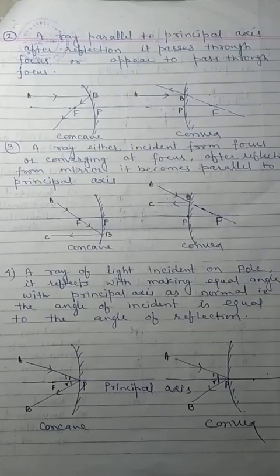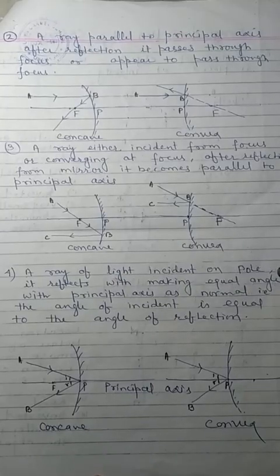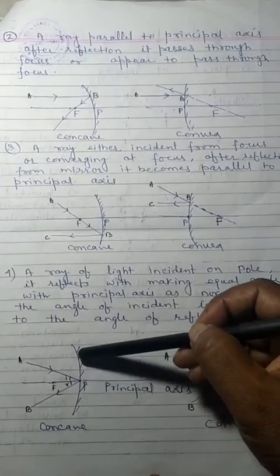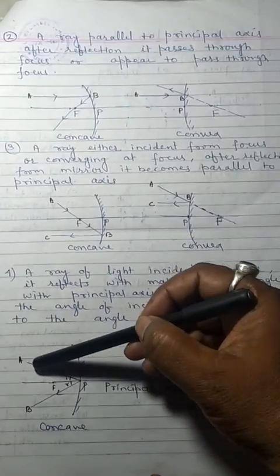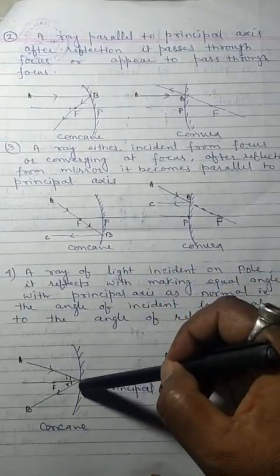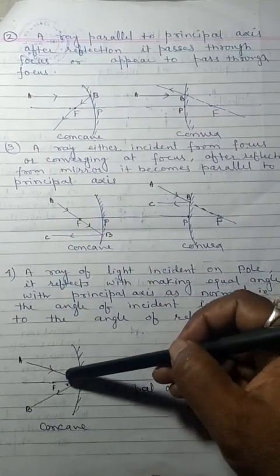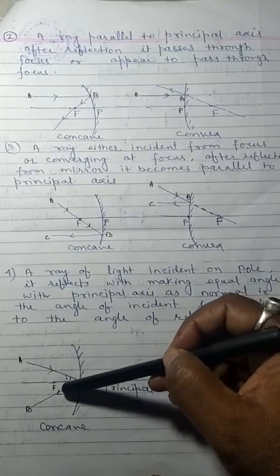Fourth, a ray of light incident on pole. It reflects making equal angle with the principal axis as the normal, that is, the angle of incidence is equal to the angle of reflection. So in concave mirror, this is incident at pole. After reflection, it makes equal angle.